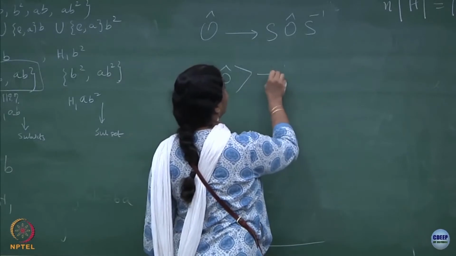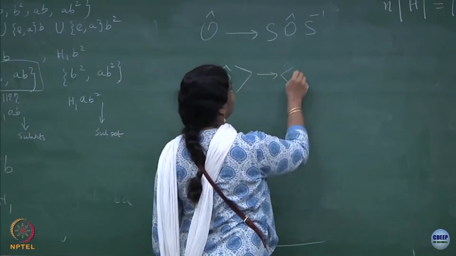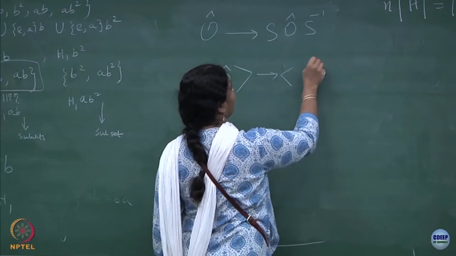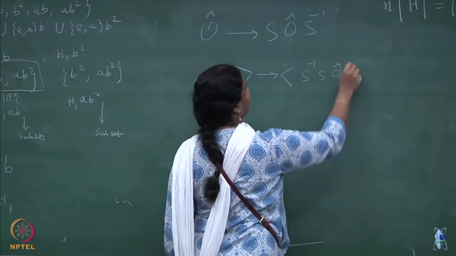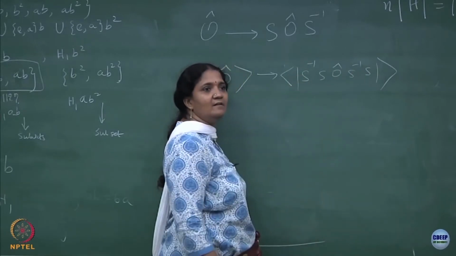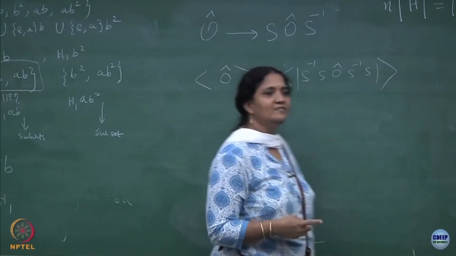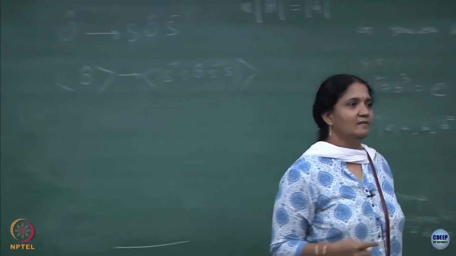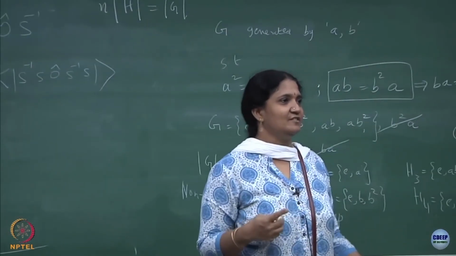You can show that the states also change, right? There will be an S inverse S O S inverse S acting on the states, right? Physics does not see this operation, a basis change.